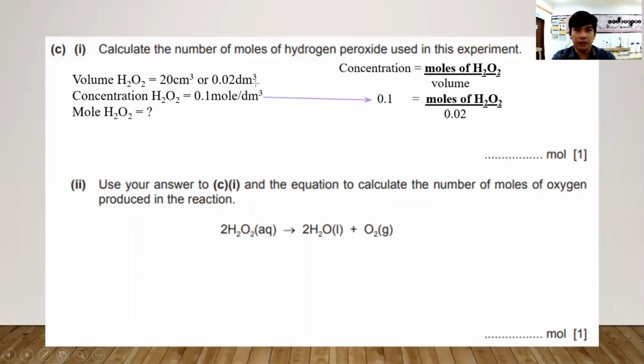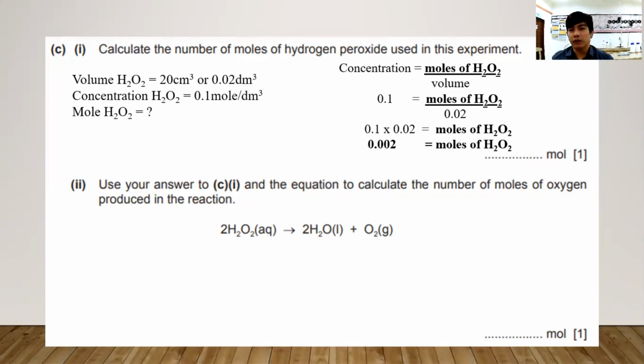Here's the concentration, and here is the volume, so just substitute the given. Then cross multiply: 0.1 times 0.02 equals moles of H2O2. So actually, you need knowledge in mathematics to answer questions in stoichiometry. Then that will be 0.002 equals moles of H2O2. Now we have the moles of H2O2.